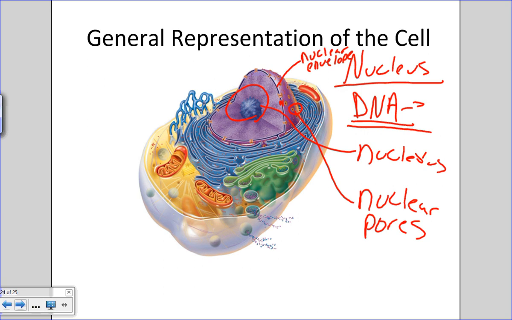Now, one thing you need to keep in mind is that DNA does not escape the nucleus. But almost all the parts out here in the cell are used for synthesizing and making proteins.